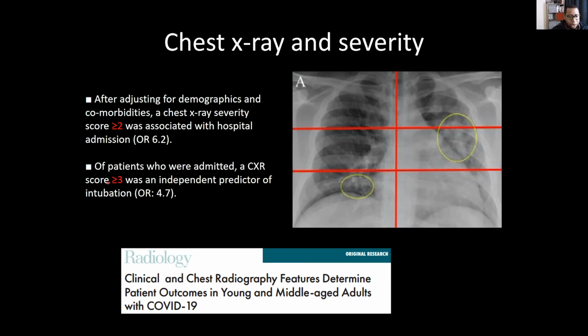And they showed that, after adjusting for demographics and comorbidities, a chest X-ray severity score of greater than 2 was associated with hospital admission, odds ratio of 6. The patients who were admitted, a chest X-ray score of greater than 3 was an independent predictor of intubation. So, this study just showed that you can sort of prognosticate a bit based on extent of opacities in chest X-ray.